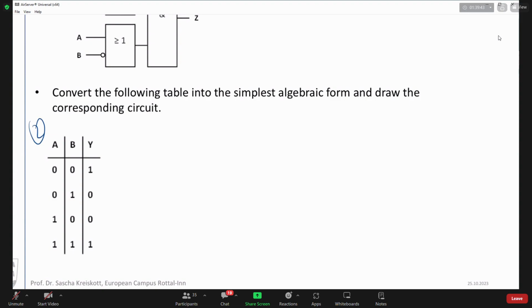Maybe for 5 minutes, and then we are looking into that together as well.